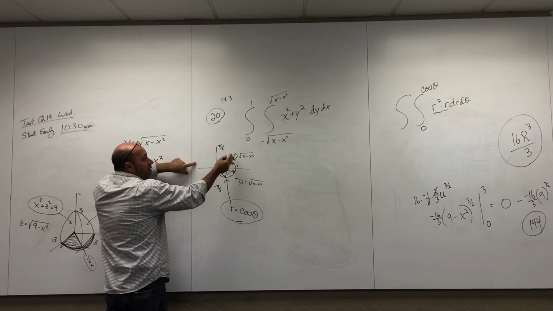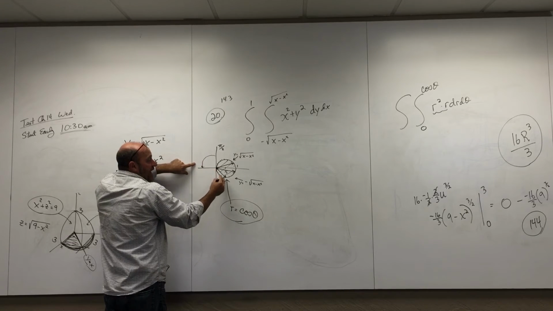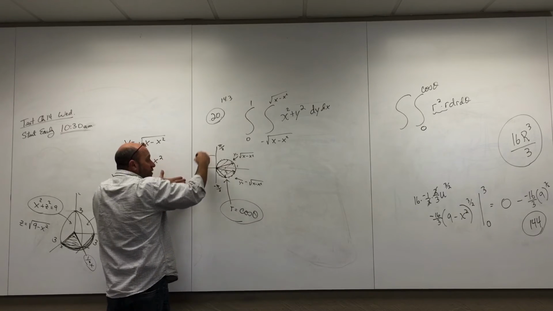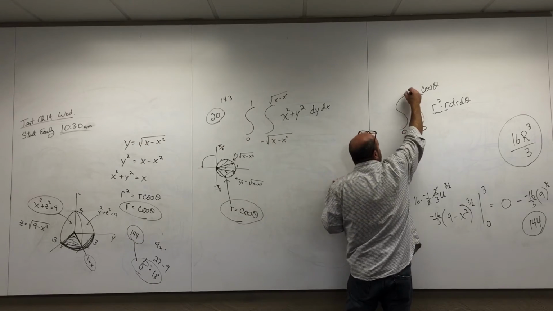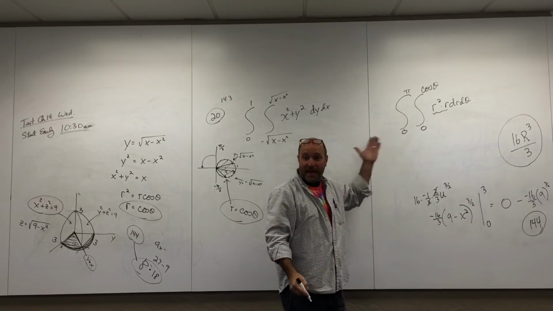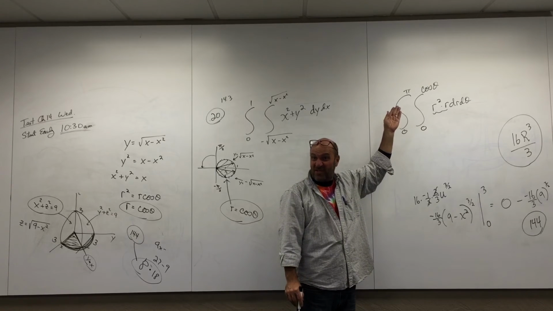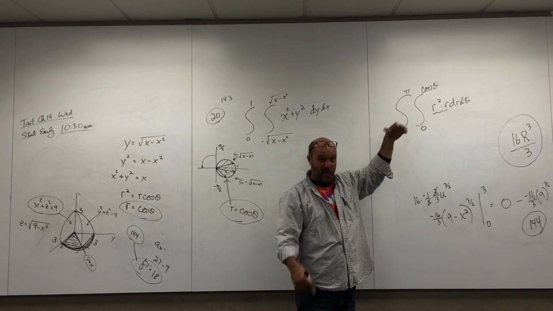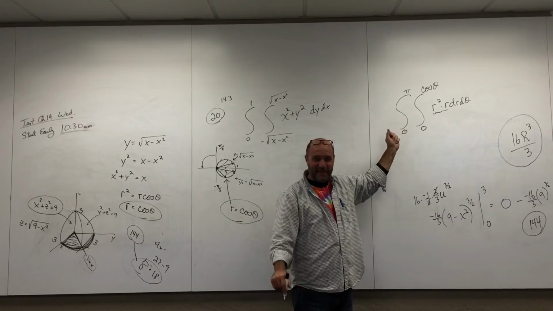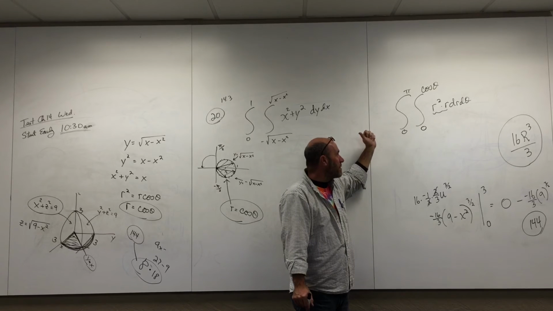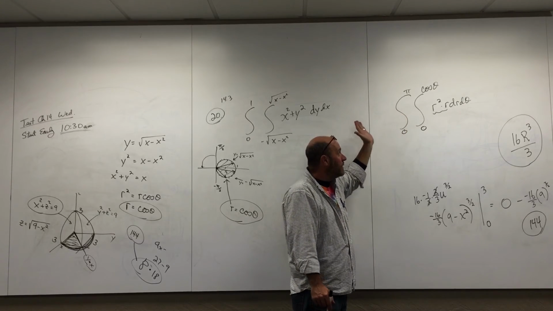So from 0 to pi over 2, it plots out that. And then from pi over 2 to pi, it actually does plot out these points. So 0 to pi works. But it's not wrong to put negative pi over 2 to pi over 2. Or like I said, any interval of pi would work, like 3 pi over 2 to 5 pi over 2. But putting 2 pi on there would be wrong.